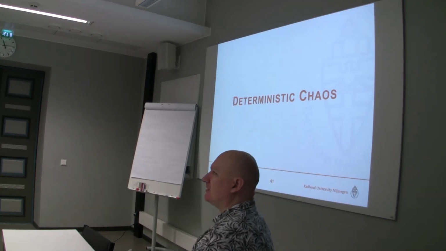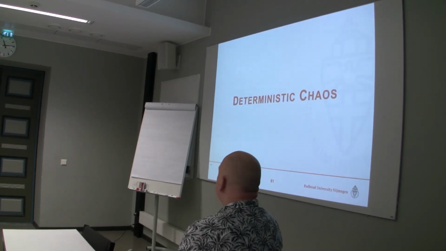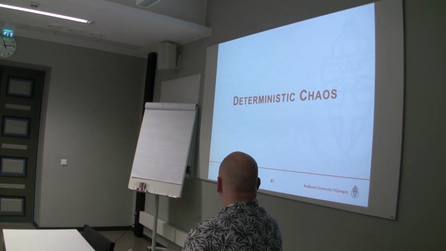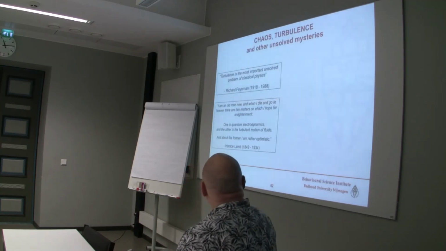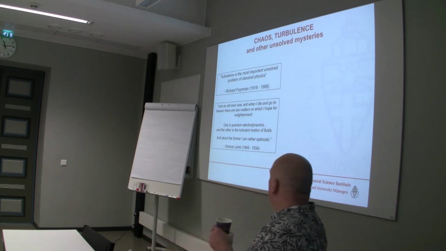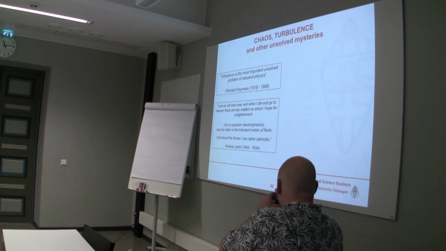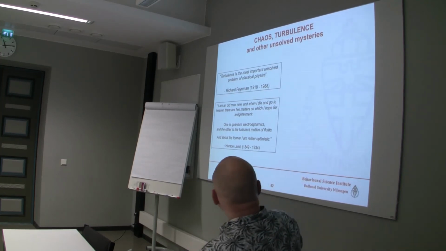So just to finish this part, let's talk about what we can say about deterministic chaos, and also maybe demystify it, not in the sense that it's not amazing, but it is just something that pops out of these very simple models, and we can observe phenomena like chaos in nature.